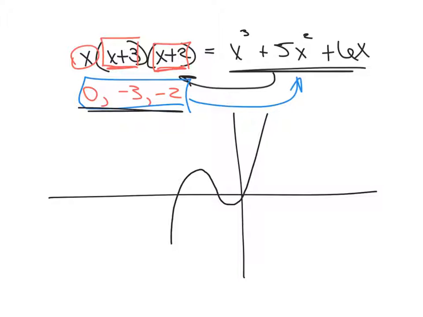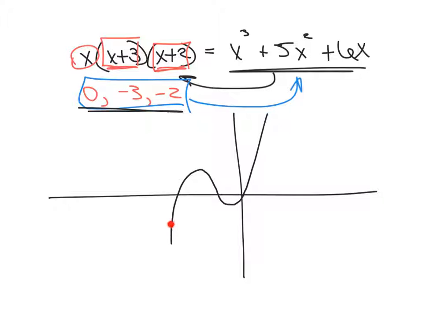What these answers tell you is where this graph crosses the x-axis. It crosses at 0, crosses at -2, and it crosses at -3. That's what these answers tell you, where the graph crosses the x-axis, and that's it in all math. So when you're solving these problems, that's what you're finding out, where the line will cross the x-axis.